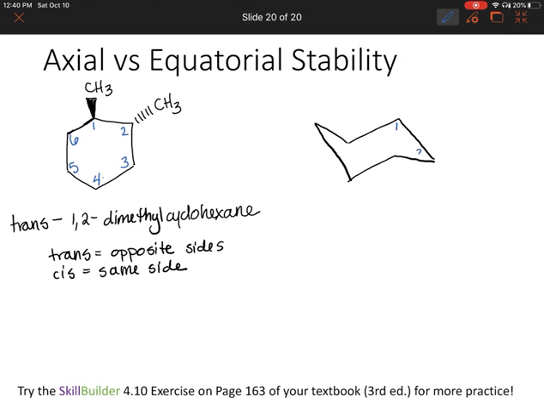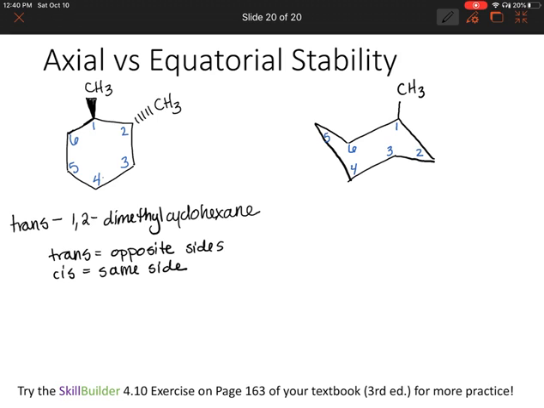So 1, 2, 3, 4, 5, and 6. Okay, so if we start with carbon 1, we have a methyl group that's pointing towards us. So I'm going to say that that is up above the plane of the cyclohexane ring.